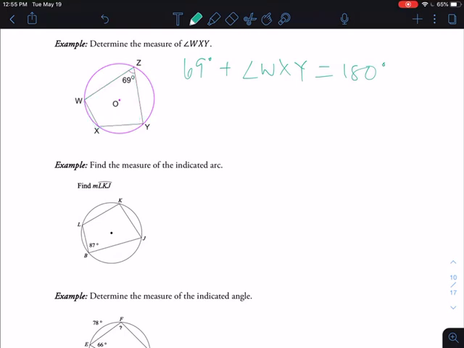Cyclic meaning inside a circle, quadrilateral meaning four-sided shape. We have that present, and this angle are opposite. That means they add up to 180. So again, I'm going to subtract 69 degrees from both sides, and we're going to find out that angle WXY is equal to 180 minus 69.